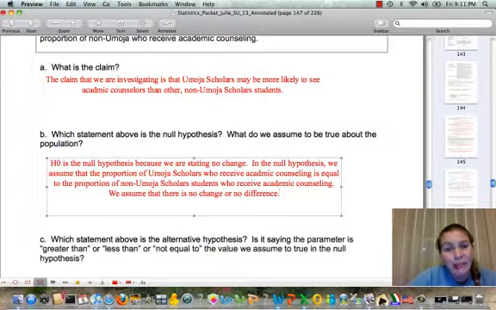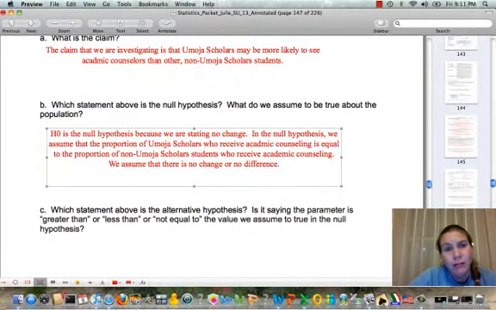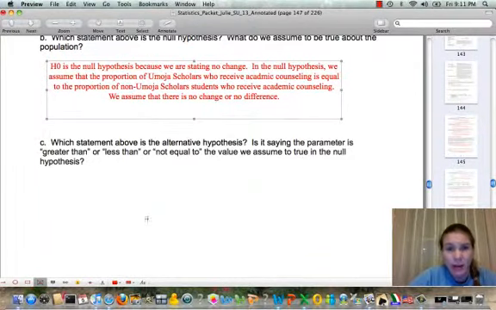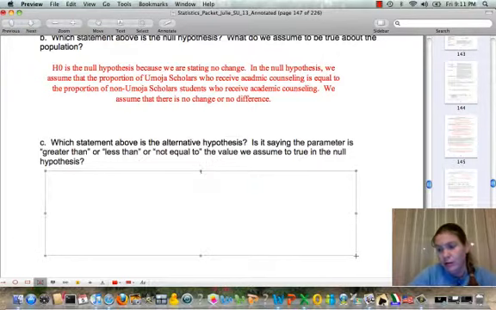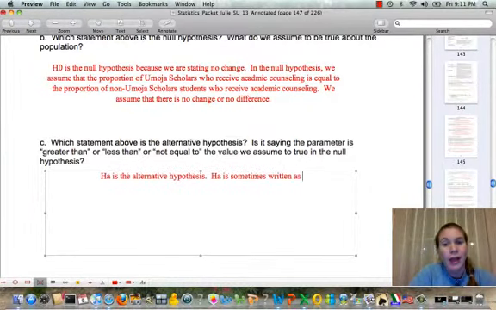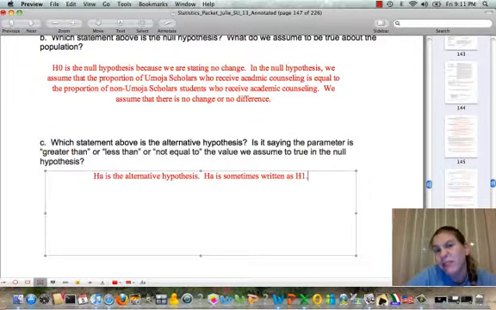Now H sub A is the alternative hypothesis. So down here in part C we can explain that. And then I'm going to make a note that H sub A is sometimes written as H1. The null hypothesis has a 0 to indicate that it's no change. So sometimes the alternative has a H sub 1 depending on which text you're looking at.